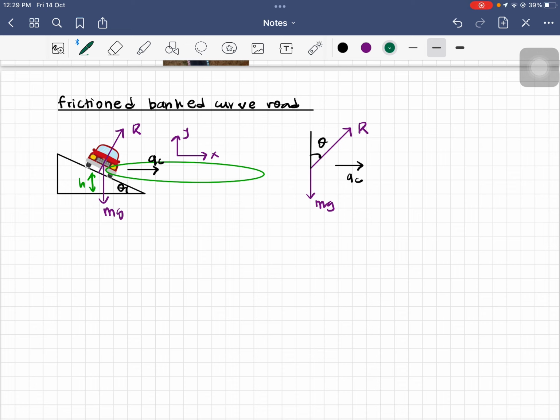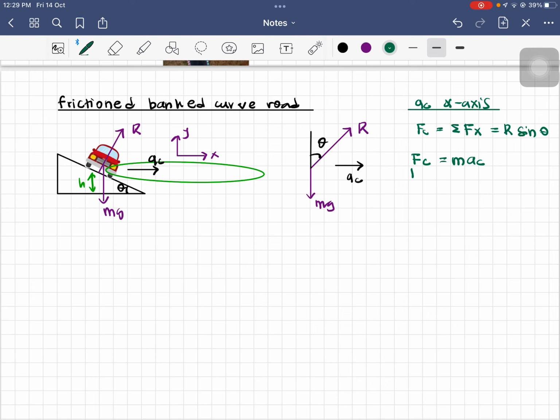So, what happen here? Your AC is in x-axis. Okay, your AC is x-axis. You will have something like summation FC awak adalah summation of Fx, which is R sin theta. Okay, what happened here? Your FC is equal to MAC.